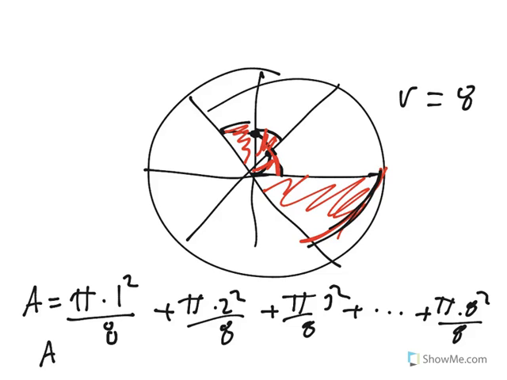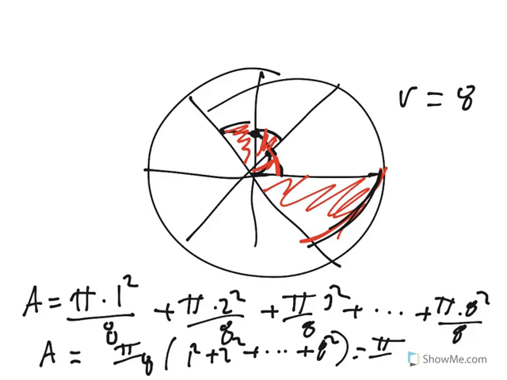Well, we can factor out a pi over 8, and we end up with 1 squared plus 2 squared up to 8 squared, which is pi over 8 times 8 times 9 times 17 over 6. And from that we can get our approximation.